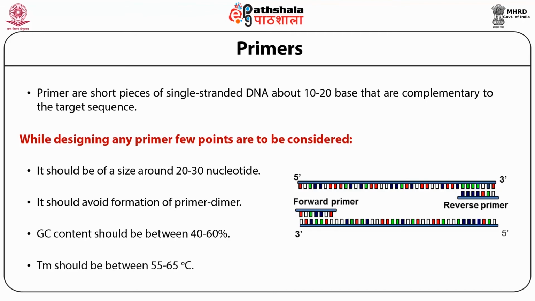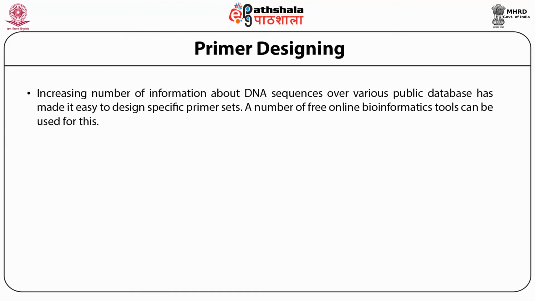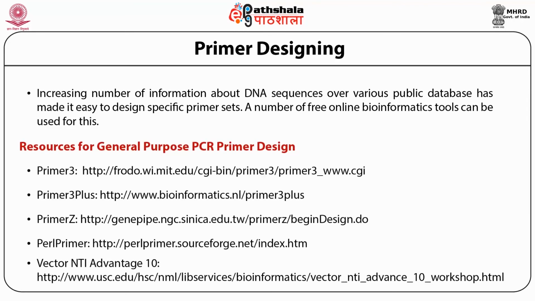The Tm value should be between 55 to 65 degrees centigrade. The increasing amount of information about DNA sequences in various public databases has made it easy to design specific primer sets. A number of free online bioinformatics tools can be used for designing primers and PCR conditions, such as Primer3 and Primer-BLAST.